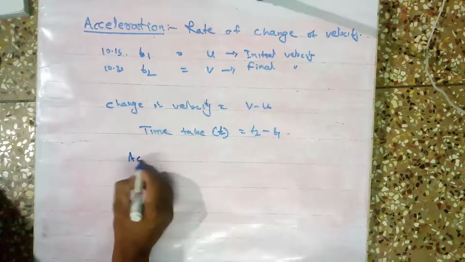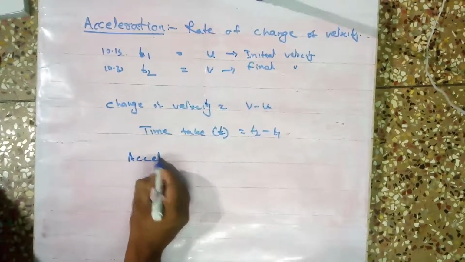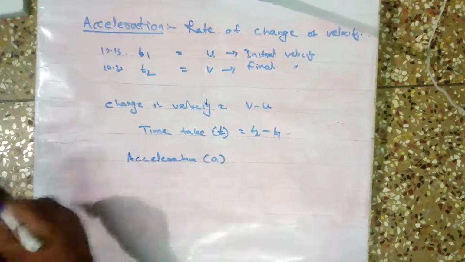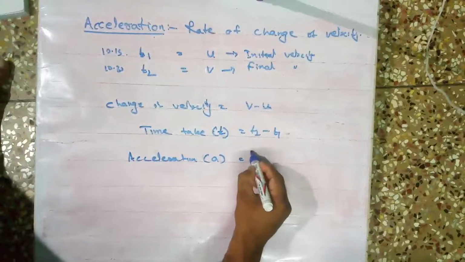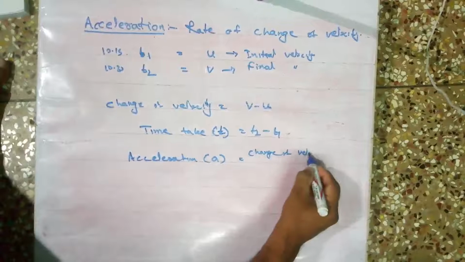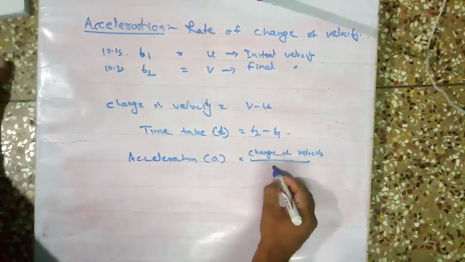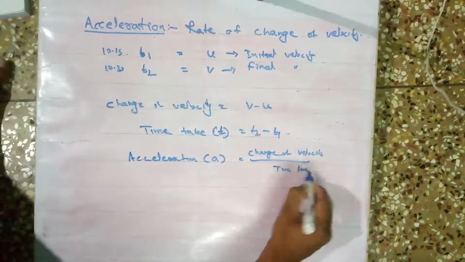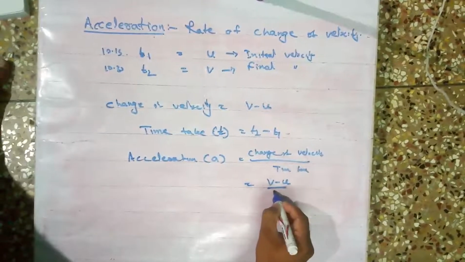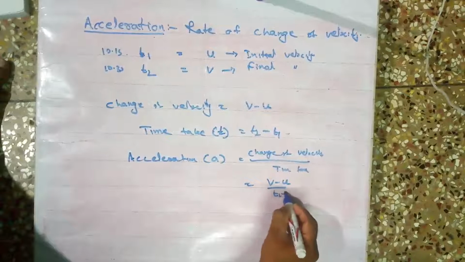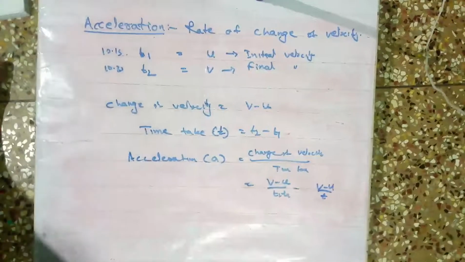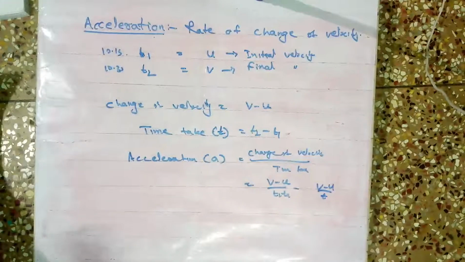So acceleration, denoted by a, is equal to change of velocity by time taken. That will give you the rate of change of velocity, that is v minus u by t2 minus t1, which you can simply write as v minus u by t, with a single symbol. Hope I am clear.